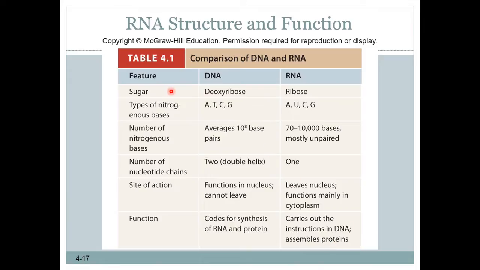Looking at the type of sugar used within the strand, the type of bases it has, the number of nitrogenous bases, the number of nucleotide chains, the site of action where each one takes place. So we see for DNA, it functions in the nucleus and it cannot leave.